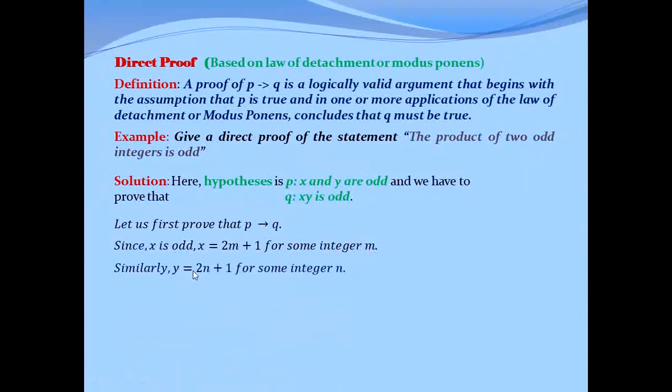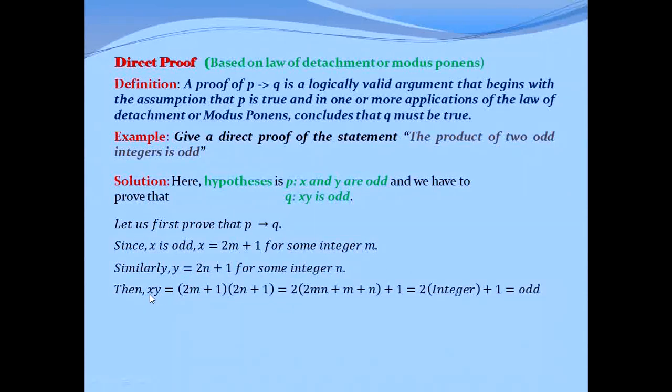Similarly, y equals 2n plus 1 for some integer. Here m and n belong to the integers. So by using the algebra formula, we can write x equal to 2m plus 1, where m belongs to the integers, and y can be written as 2n plus 1, where n belongs to the integers.